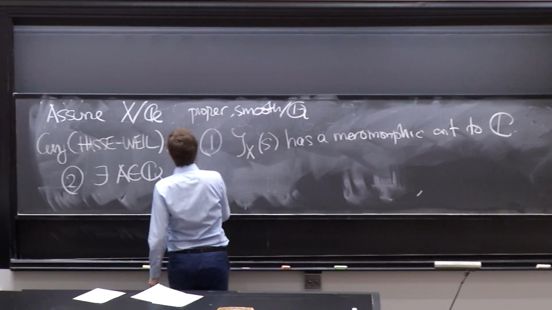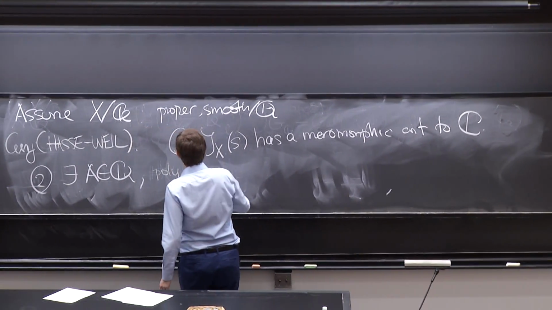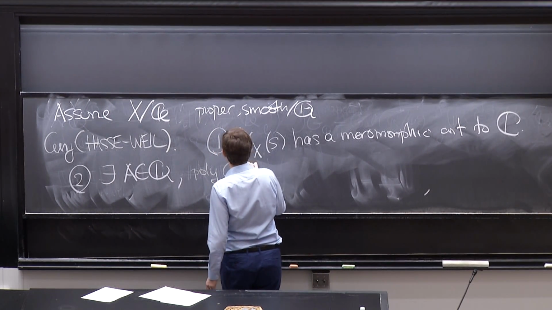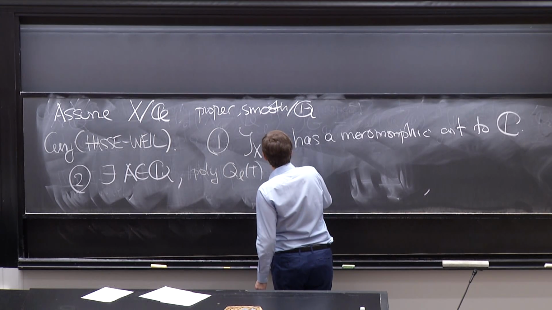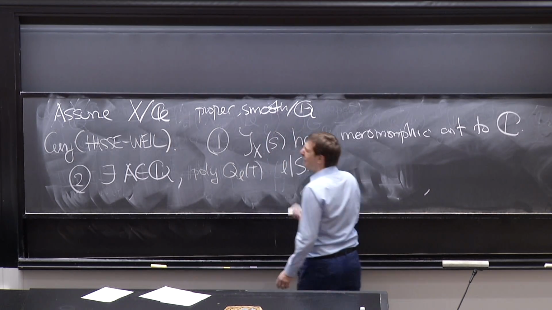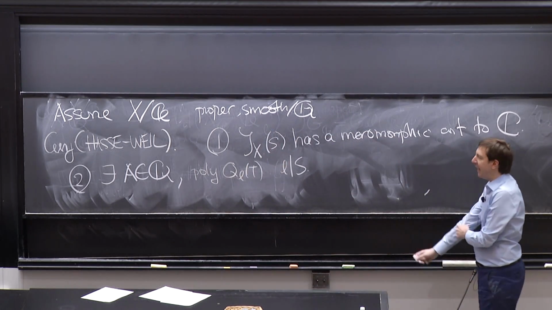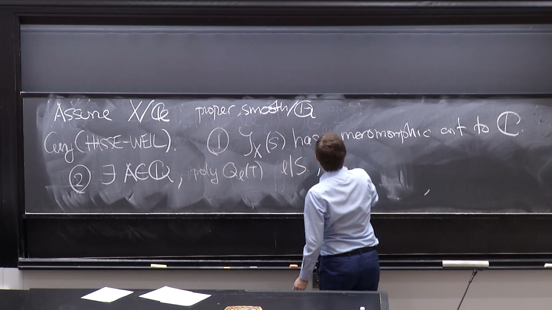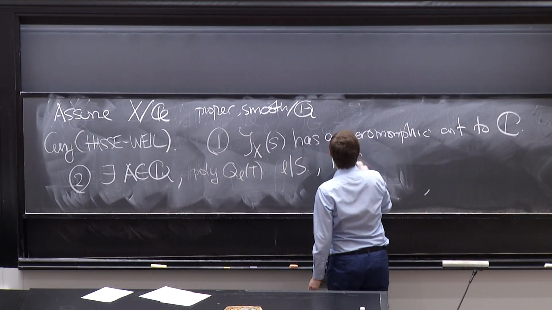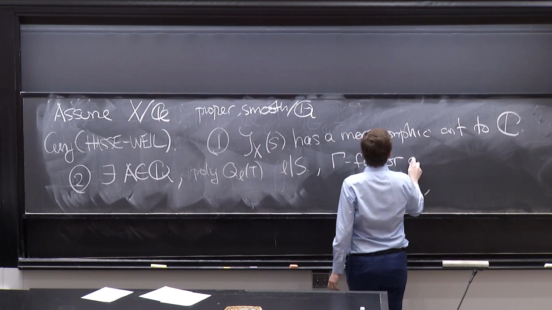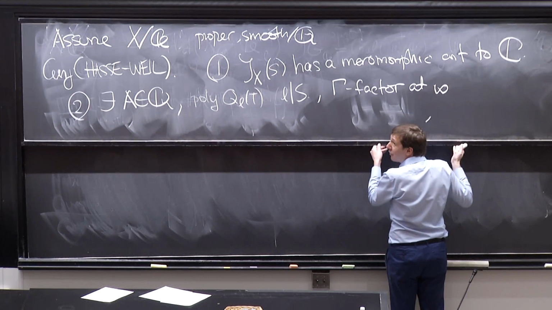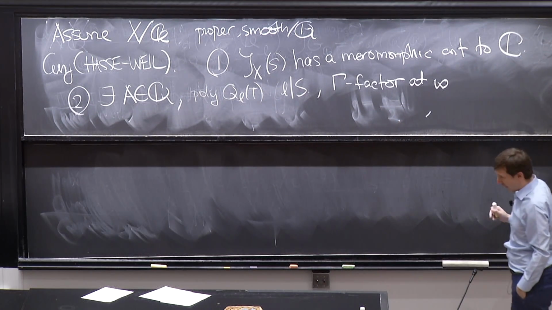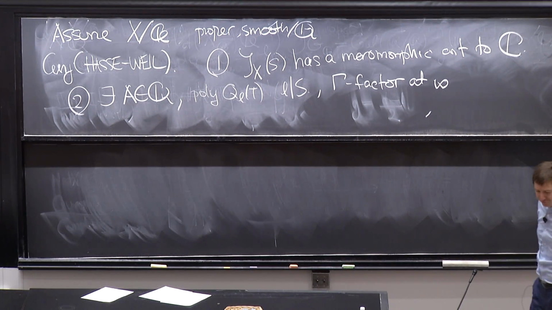So some polynomials Q_p(T) for primes dividing S, which is maybe just the set of bad denominators in my original thing, and a gamma factor at infinity. This will literally just be given by a product of gamma of s or gamma of s over 2 shifted along the real line by some finite amount.